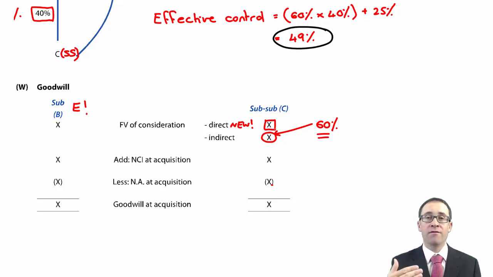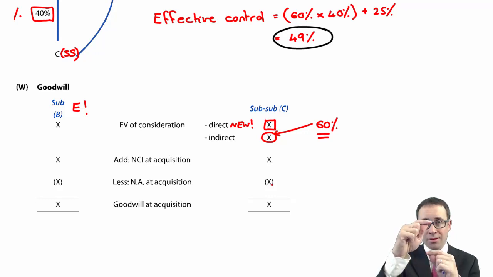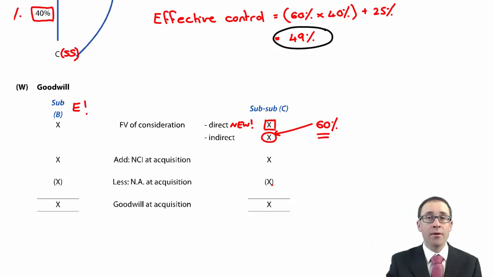So when you're looking at the fair value of the consideration, there are now 2 things to consider. You need to consider the direct holding, that holding that A has in C. And then you also need to look at the holding, which we can refer to as the indirect one, whereby B has an investment in C, and we need to look at how much the parent owns.